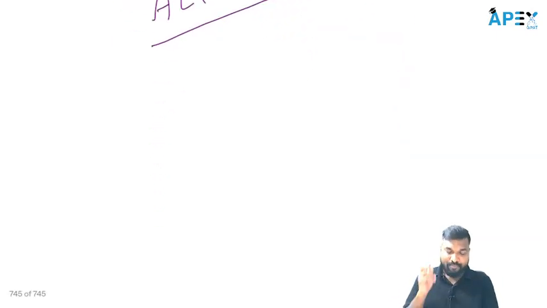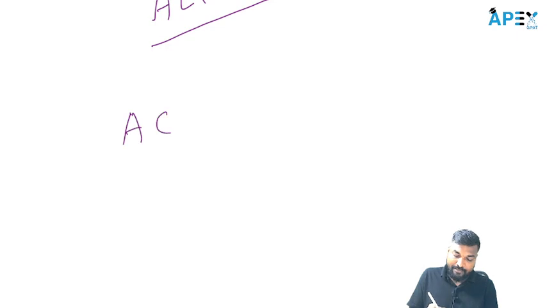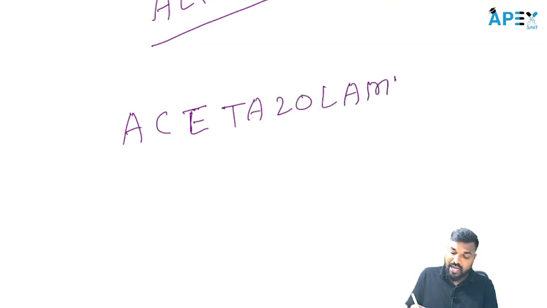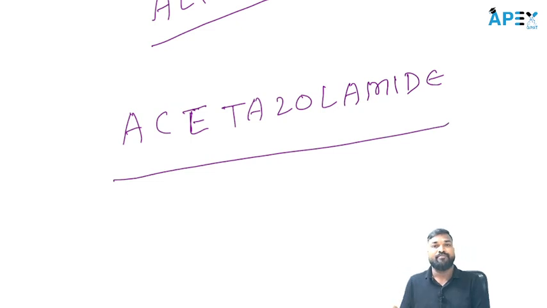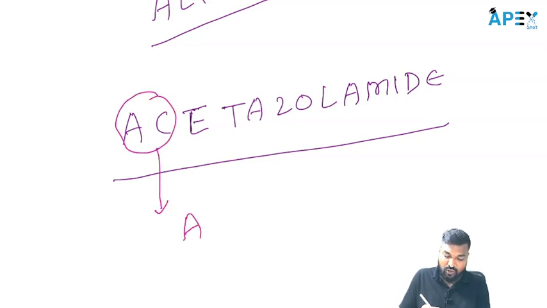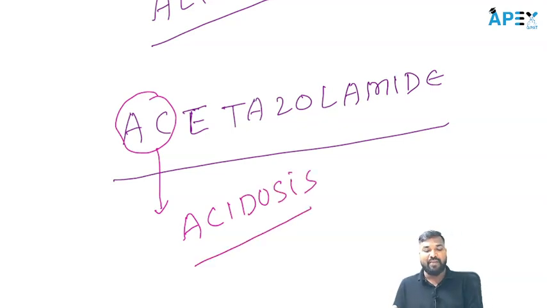Similarly, acetazolamide. Acetazolamide is a diuretic, a carbonic anhydrase inhibitor. What is the effect of acetazolamide on acid-base balance? Yes, it is simple. AC, it causes acidosis. Acetazolamide causes acidosis.